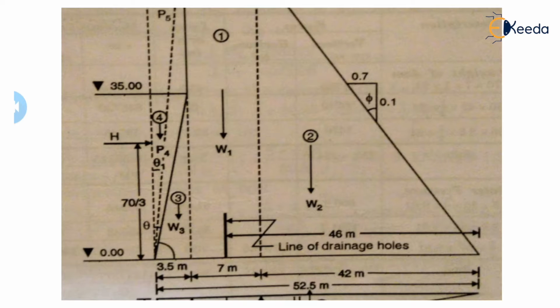No, here we have to take the 2 by 3 into h, 2/3. See, when we are taking the center of gravity from the base width, we have to take the distance and we have to take the lever arm as 2/3 of the distance, or 2/3 of the x distance. So here 2/3 into 42.